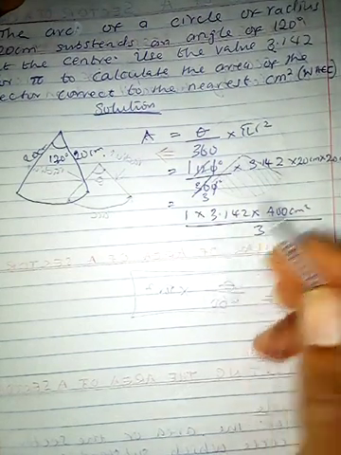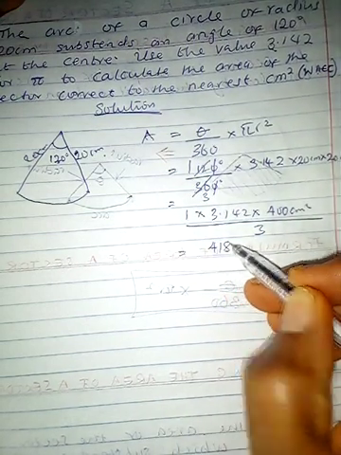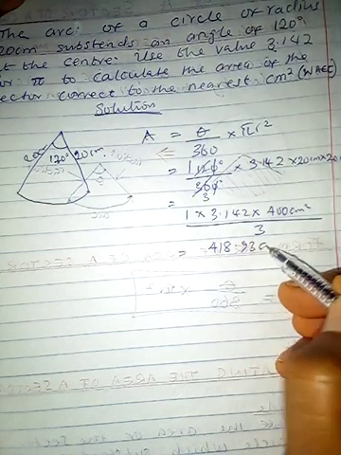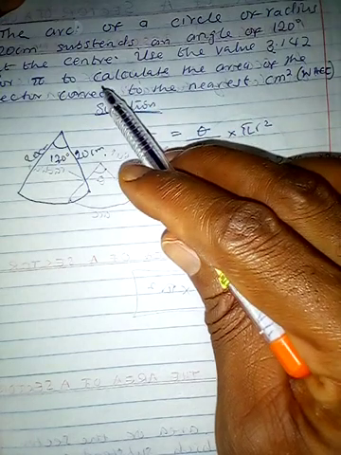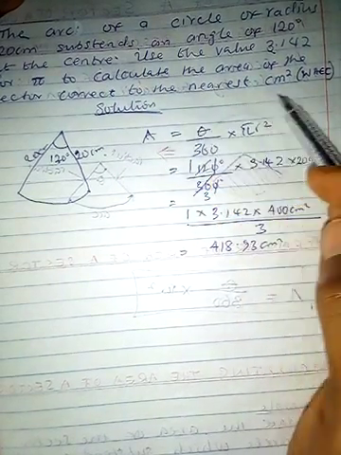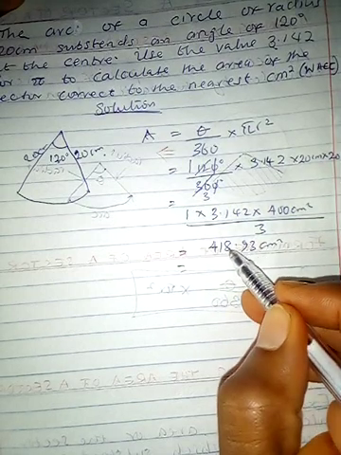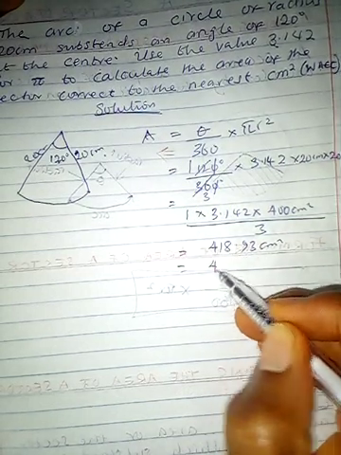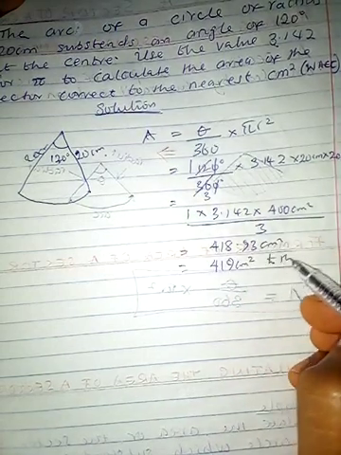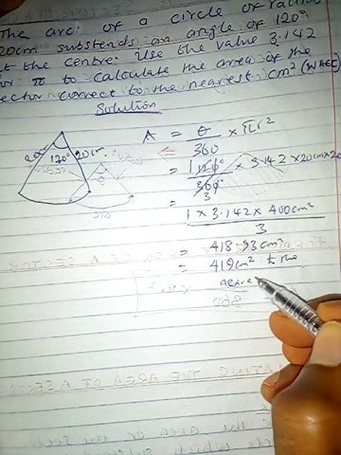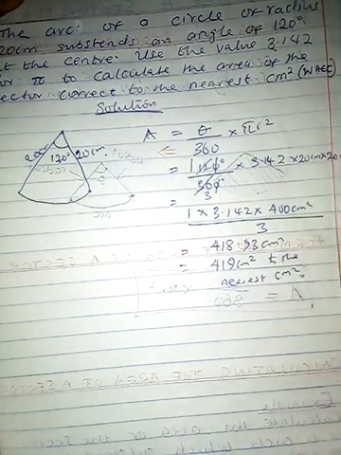If we solve that, we are going to have 418.93 centimeters squared. But since we are told to round it to the nearest centimeter, the nearest centimeter here is what? If you round 9 up, then 8 becomes 9. So we have 419 centimeters squared to the nearest centimeter squared. This is actually the solution to the problem.